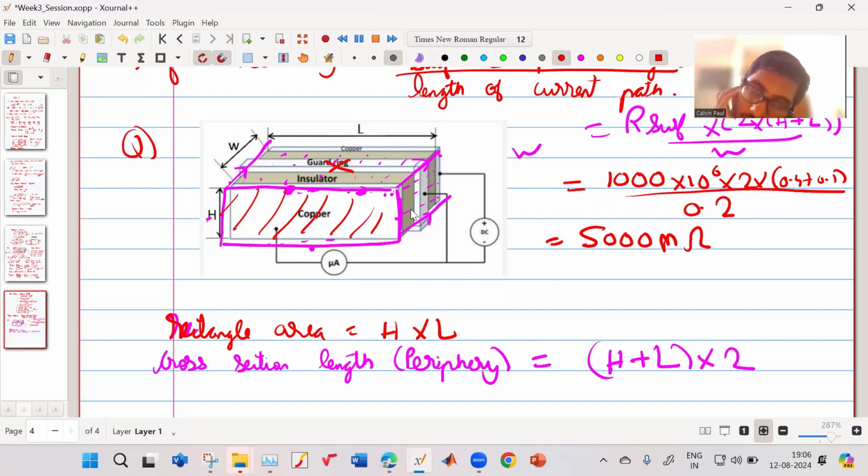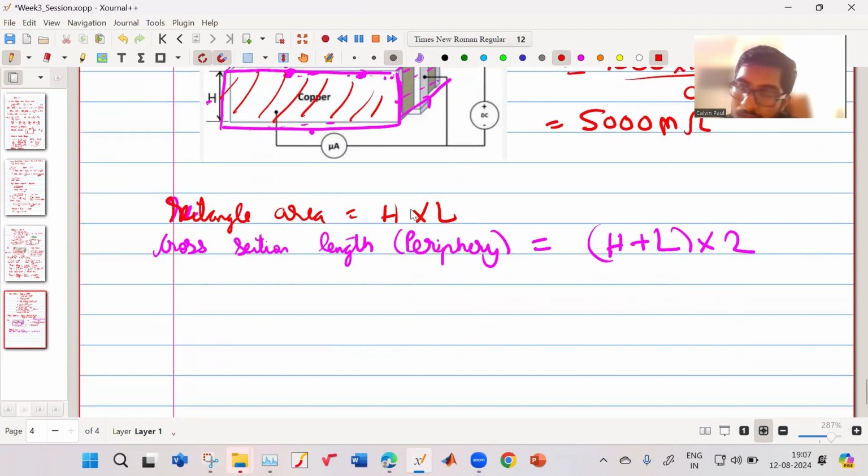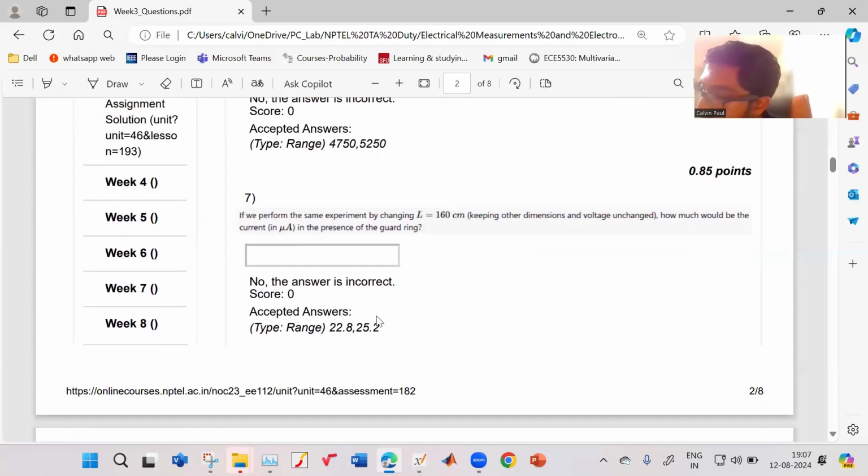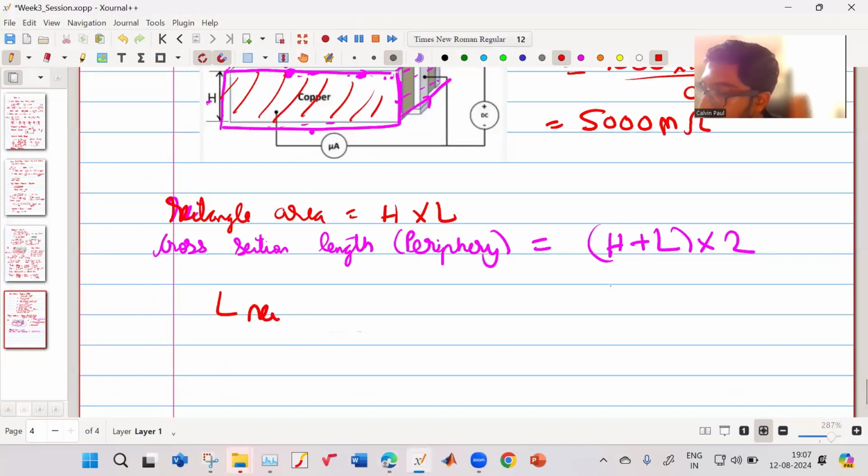ओके सर। हाँ, now what will happen is your length. What they told is this L is being made 160 centimeter. So now your L new has become 160 centimeter.